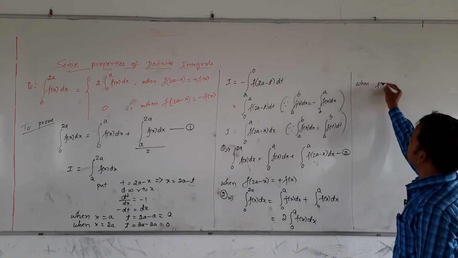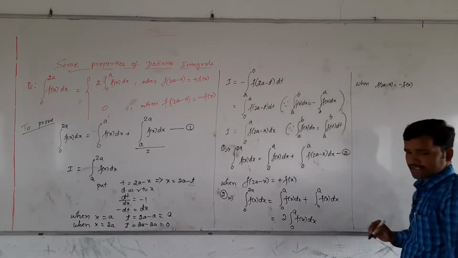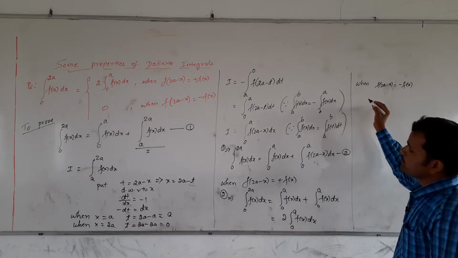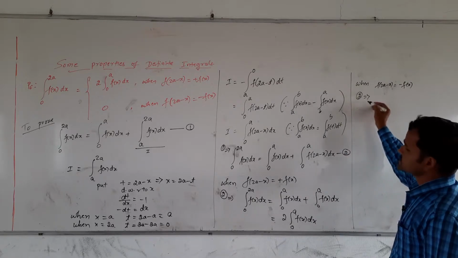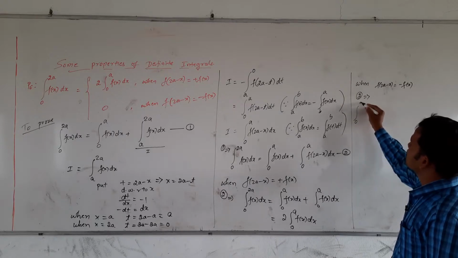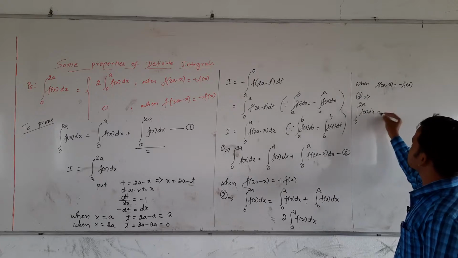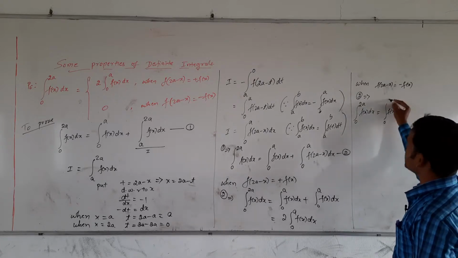Next, case number 2. When f of 2a minus x is equal to minus f of x, what happens to equation 2? Equation 2 implies the integration of f of x with respect to x from 0 to a is equal to the integration of f of x from 0 to a.